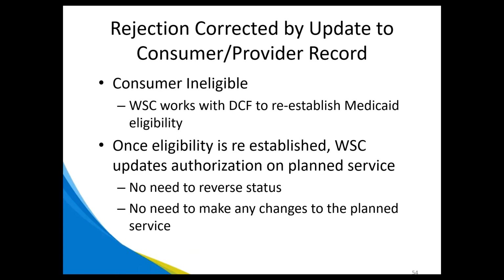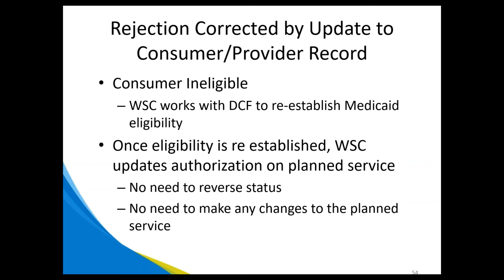So for the consumer that's ineligible, you're going to work with the consumer and the guardian and maybe DCF access to reestablish Medicaid eligibility. And then once that's reestablished, all you're going to do is just update the authorization and have it transmit back to FIMIS.